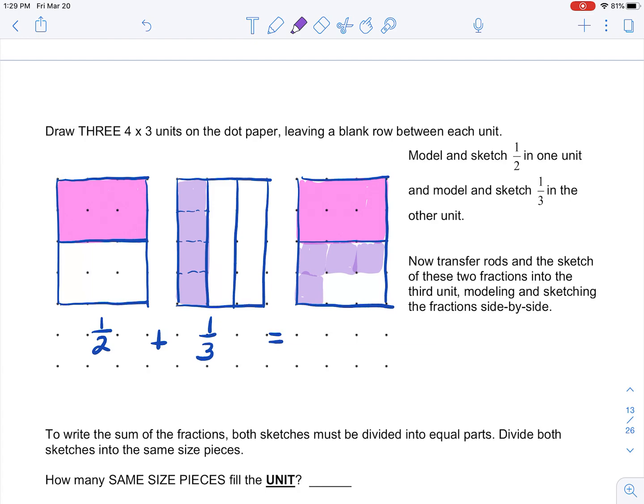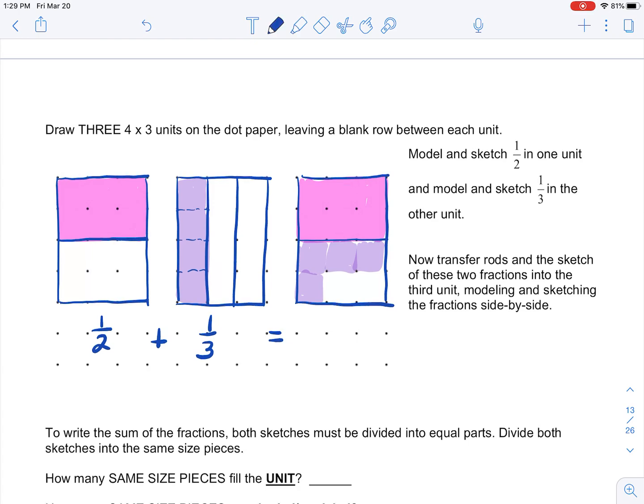So if I want to write the sum, I'm going to have to divide this into equal parts. So I'll do that here by dividing this into single units. And to show what's going on, I'm going to divide all of these into single units. So I start out by actually modeling the 1/2, and then this is actually getting a common denominator at this point.